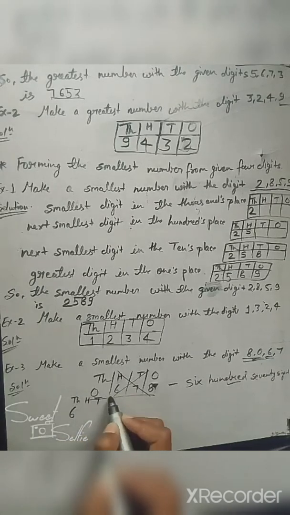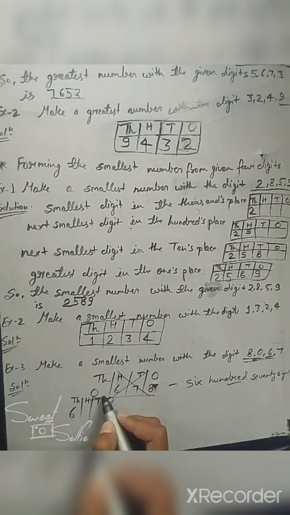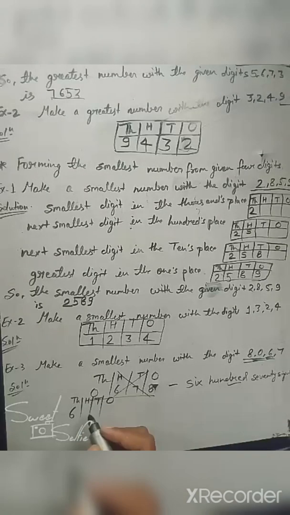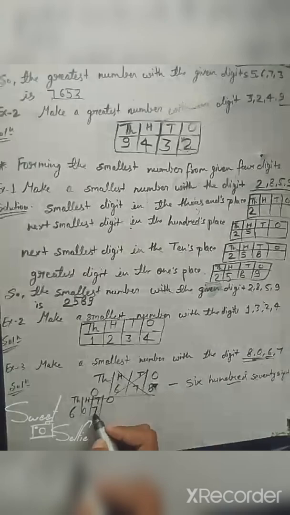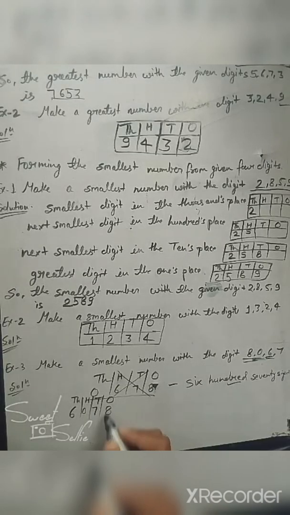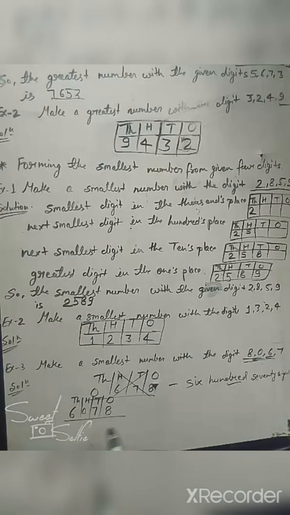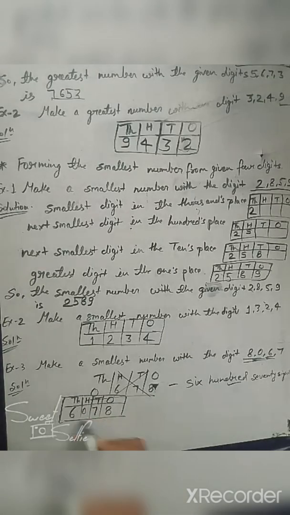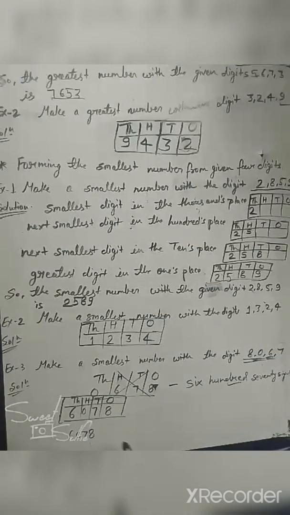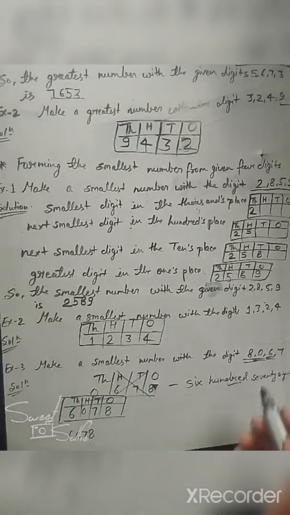And now we will write 0 at the hundreds place. After that, the next smallest digit at the tens place and the greatest digit at the ones place. So this is 6078. 6078 is the smallest number with the digits 8067.